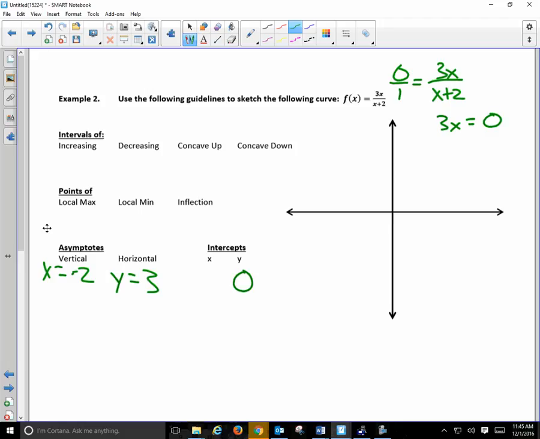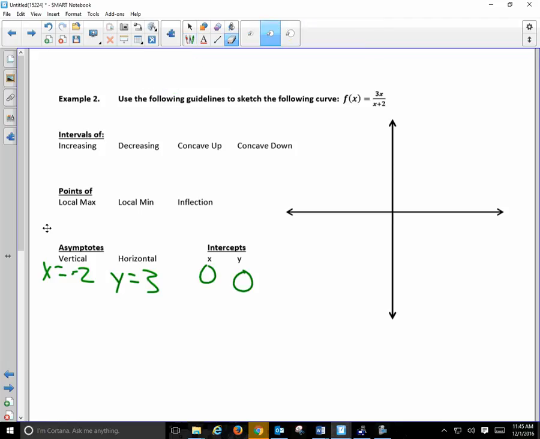So when you're wondering about the x-intercepts of a rational function, just look at the numerator. Where is 3x equal to 0? It's 0. If it was x minus 2 over x plus 3, then it would have an x-intercept of positive 2. The x-intercept happens when the top is equal to 0.